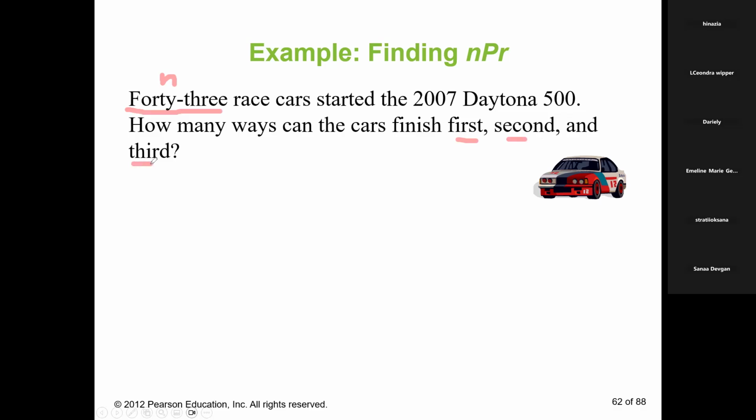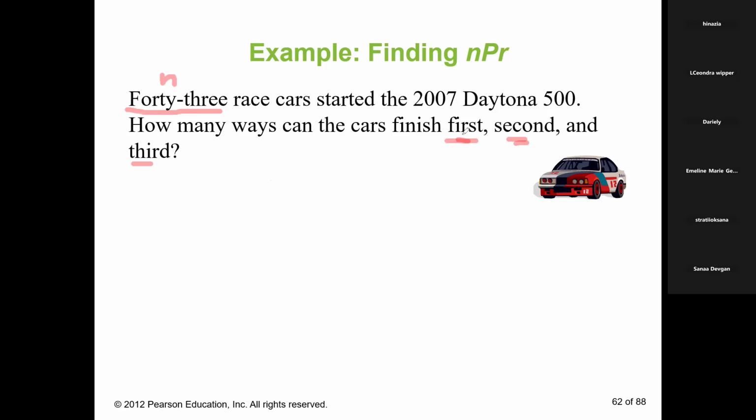So what is the value of R? N is 43. Do you agree with me? How about R? R will be first, second, third. R is 3, right?